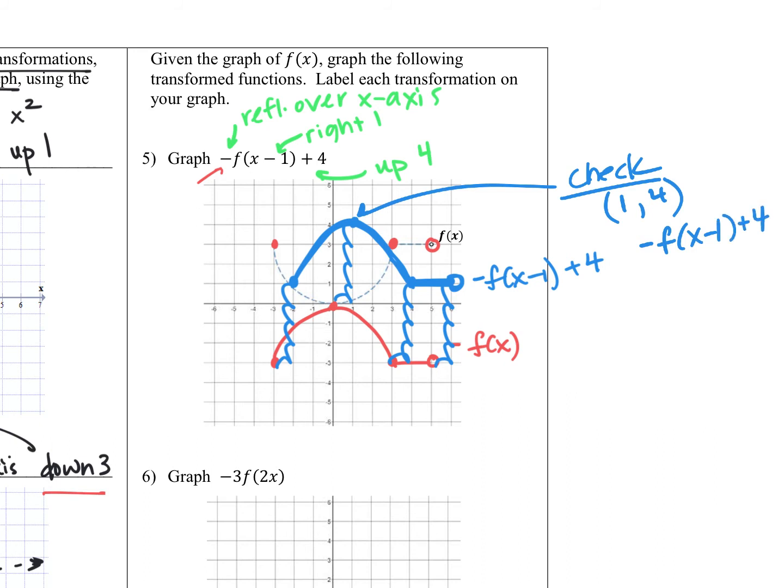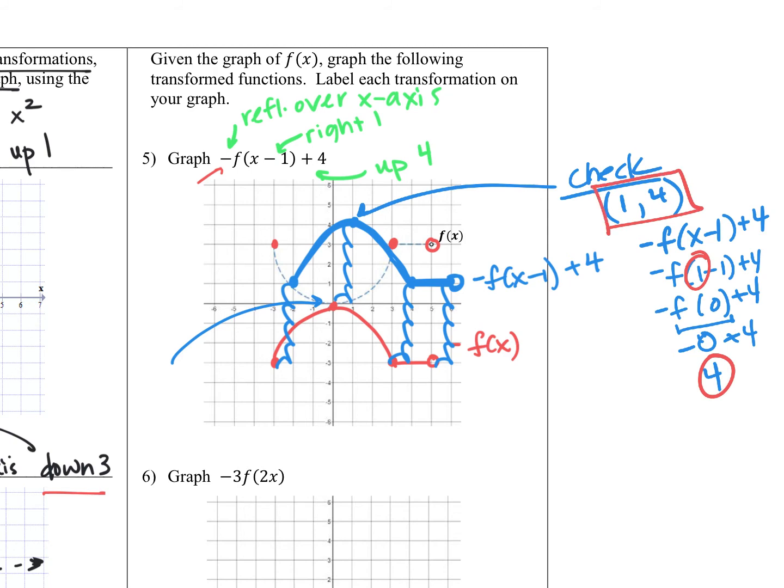If I plug a 1 in, negative f of 1 minus 1 plus 4, that's negative f of 0 plus 4. That's referring back to our original function. f of 0 was that dotted guy, and it was right at 0, 0. So that means f of 0 is 0. Negative that plus 4 is equal to 4. So when I subbed in a 1, I got out a 4. So this point does satisfy that equation.